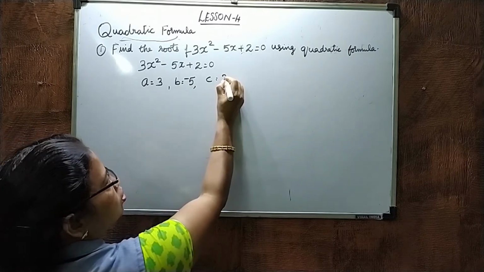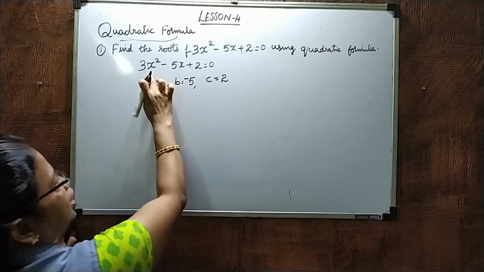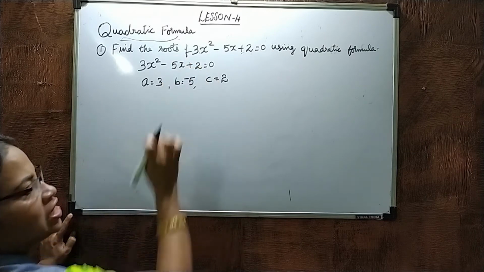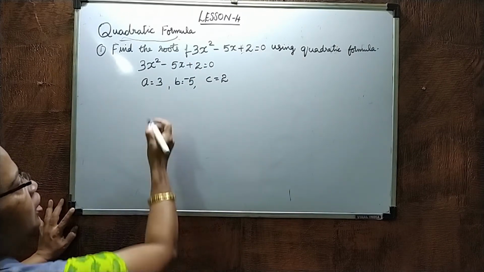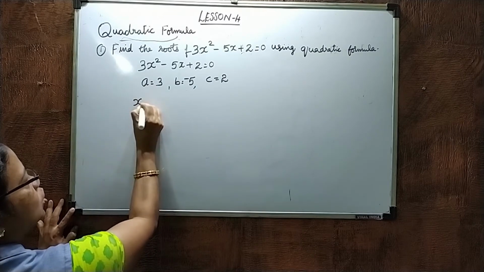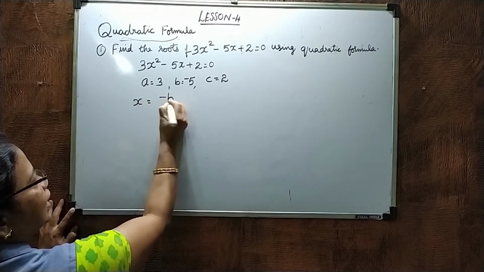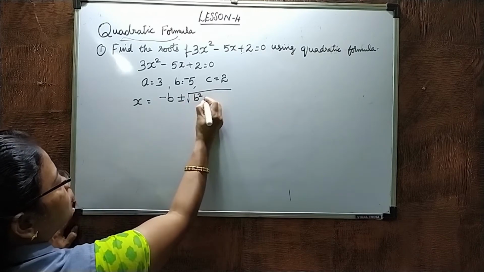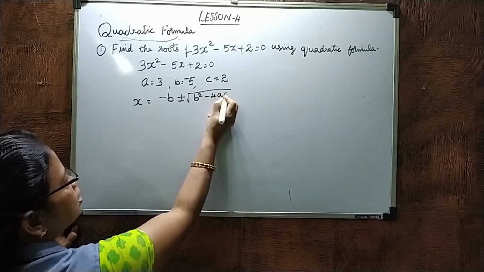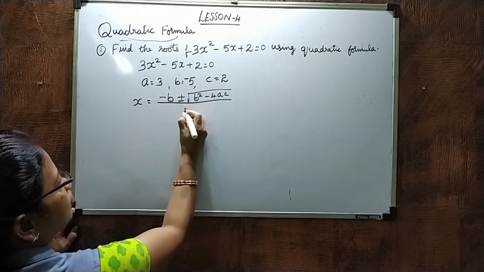C is the constant term. Ax square plus bx plus c equal to 0. Now what is the next section then? You have to find out x. So x is equal to negative b plus or minus root of b square minus 4ac the whole divided by 2a.